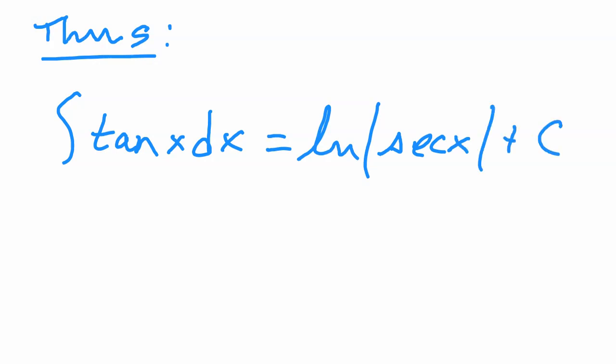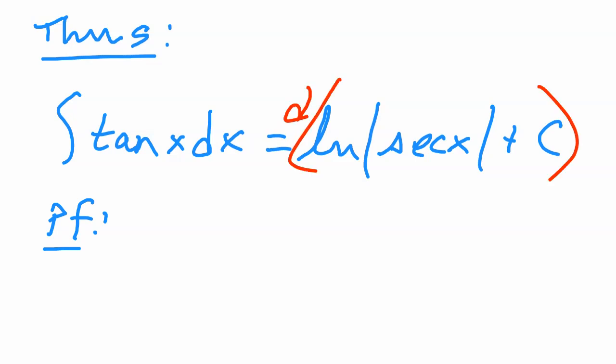And what I really want to do is I want to prove this. So this would be an easy one to verify. All we really need to prove is to take the derivative with respect to x of the right side and make sure that we end up with tangent of x. Okay, so if you notice, this is the natural log of the absolute value of a function.